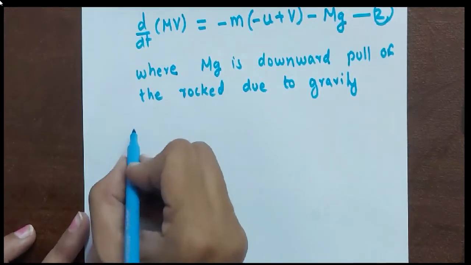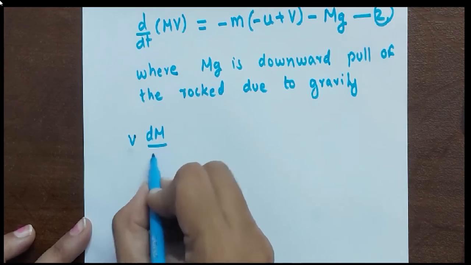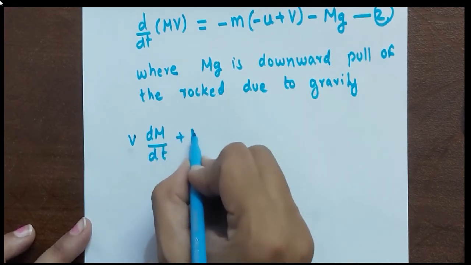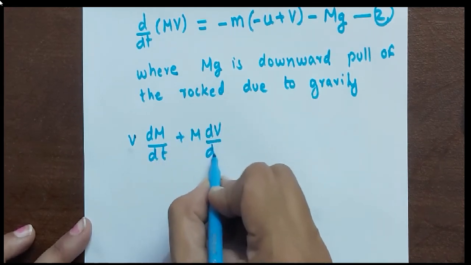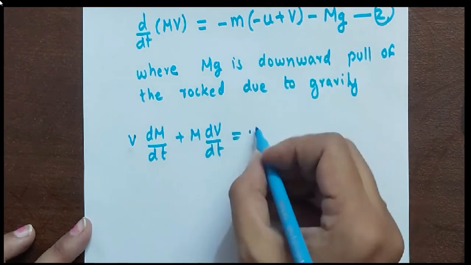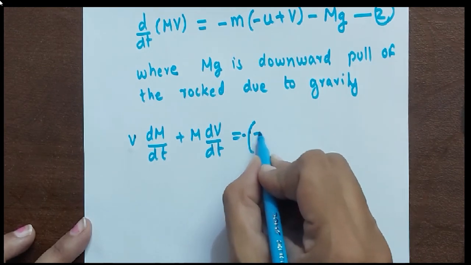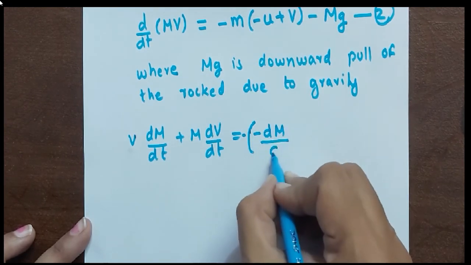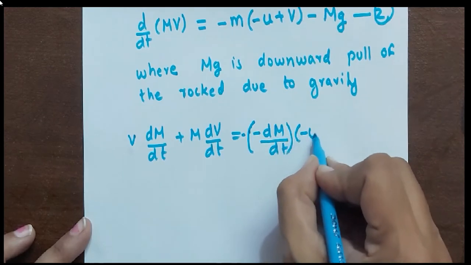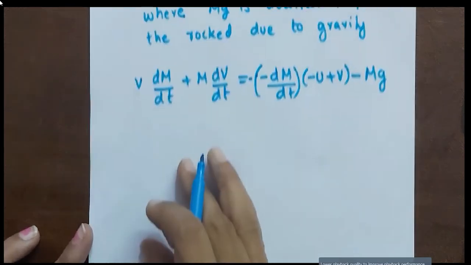Now we will open this. v times dM upon dt plus M times dv upon dt is equal to, m being nothing but minus dM upon dt from equation 1, minus dM upon dt times minus u plus v, minus Mg.